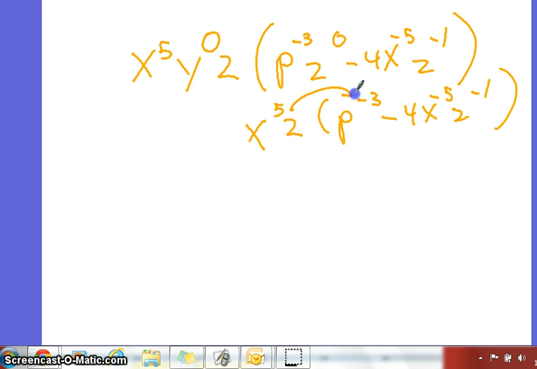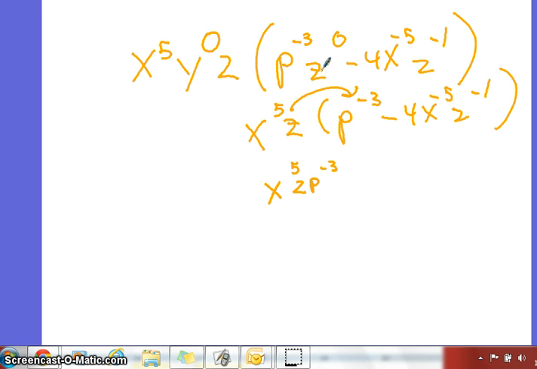First, this part to here. When I distribute that part to there, I end up with this: x to the 5th, z, p to the negative 3rd. Right? That's a z.